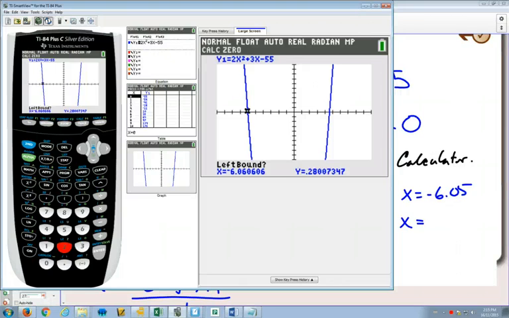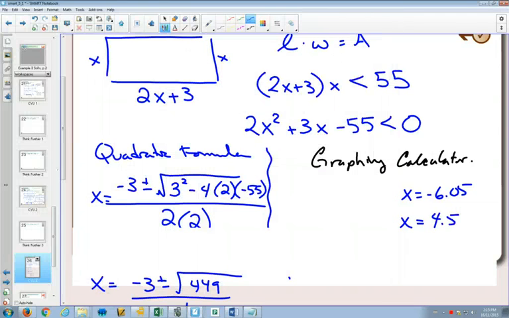I can see that it's between 4 and 5. So I'm going to use my left one as 4, which draws a line at 4, and my right one is 5, which draws a line at 5. My x-intercept is in between those two. Push enter and it finds 4.55, which is exactly the same as we found with the other method.